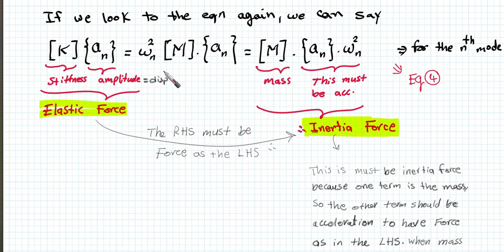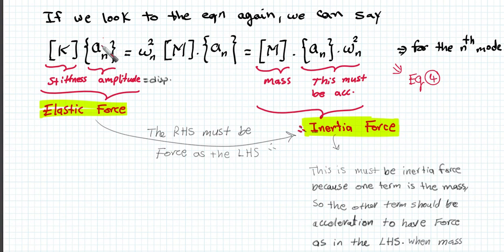So we do not want to lose or let these principles or important understanding become obscure. Okay, if we look at the equation again, we can say that we have the stiffness matrix multiplied by the mode shape, which is amplitude in itself. It is like a set of displacements, right?